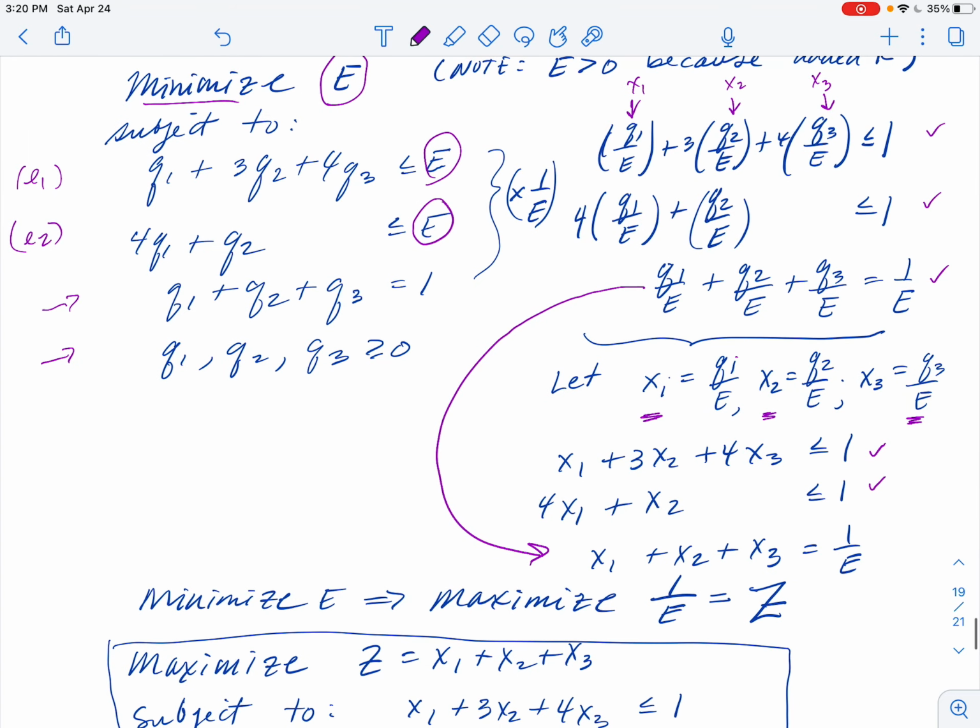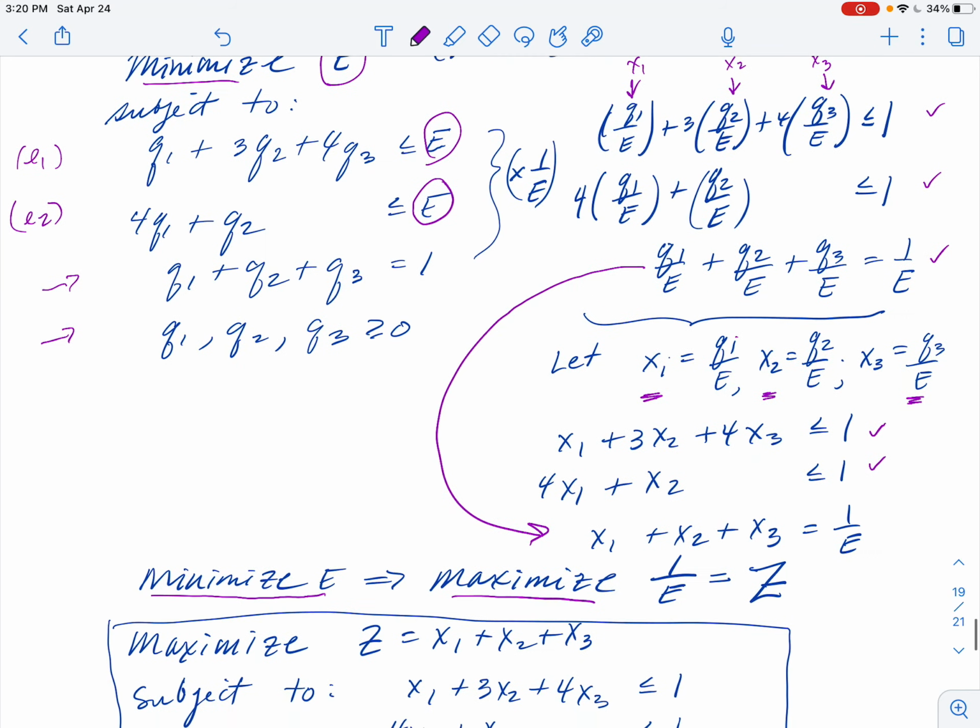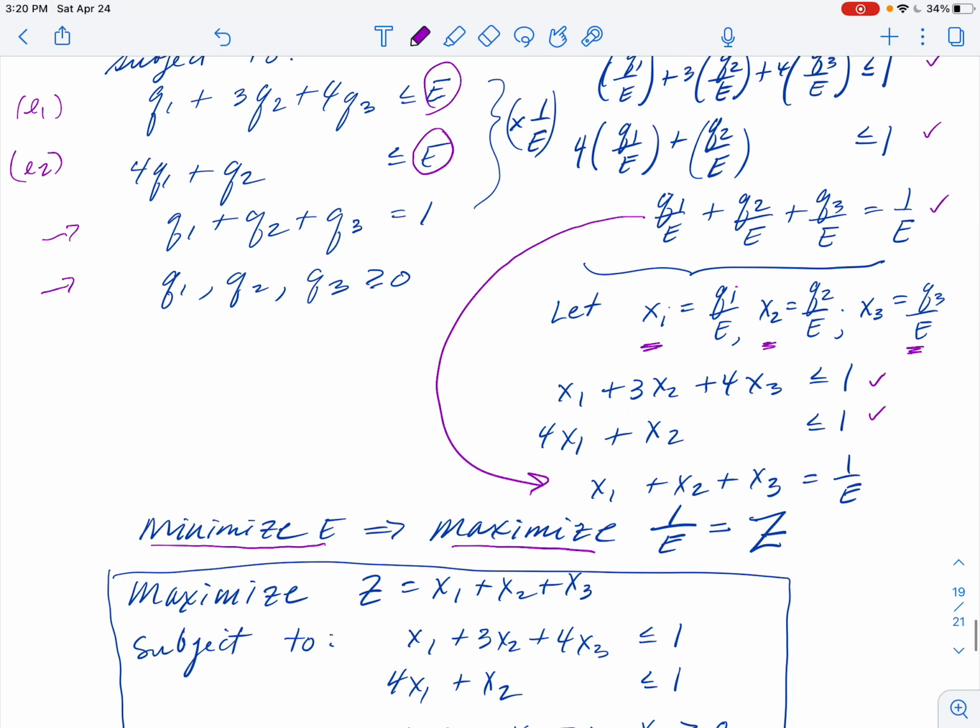Now, here's where it gets interesting. We wanted to minimize e, but notice if we want to minimize a number, let's say like a function, then that's the same thing as maximizing 1 over that number. We'd actually talked about that before.